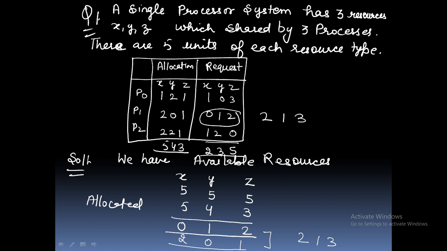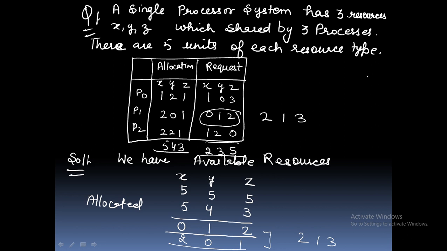213. In step 2, with the instance available currently, only the requirement of process P0 can be satisfied because in this we have given 103 request.